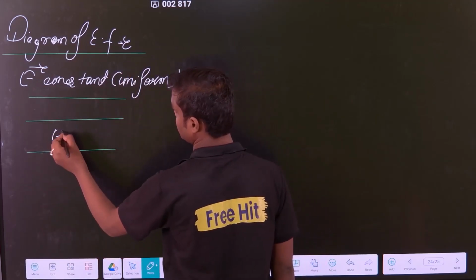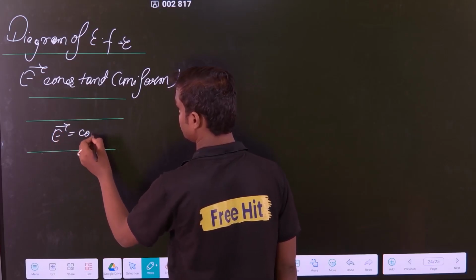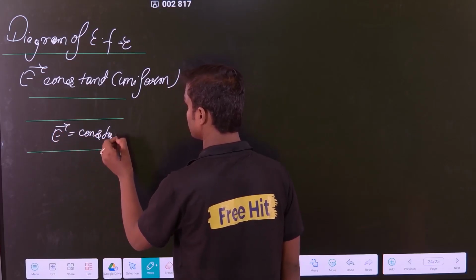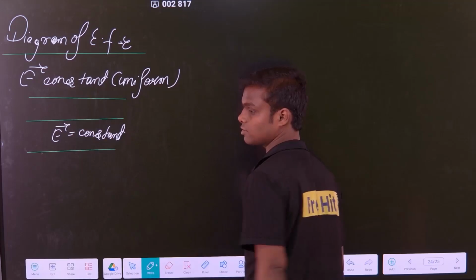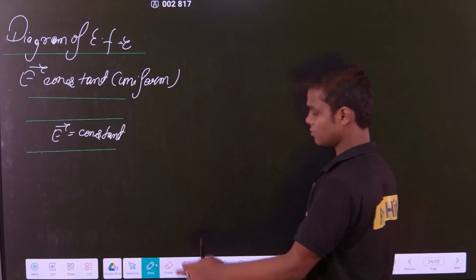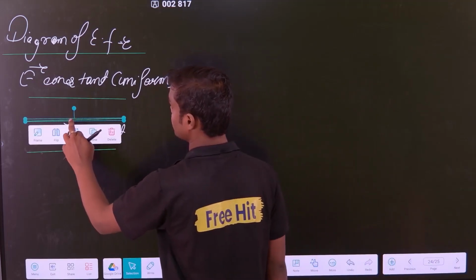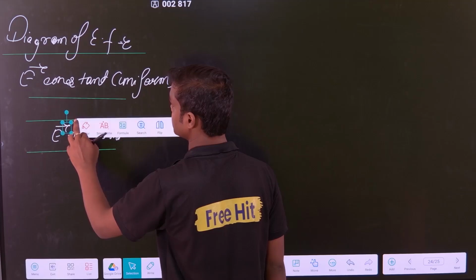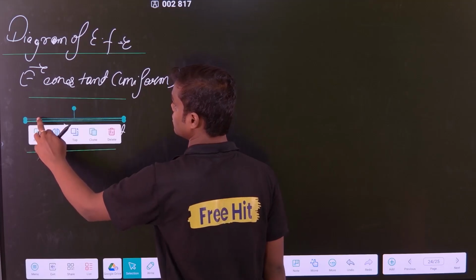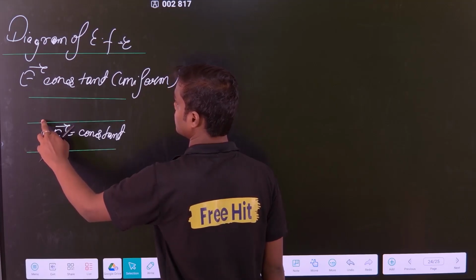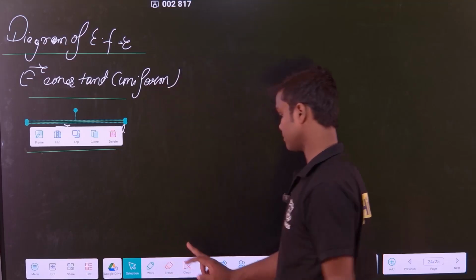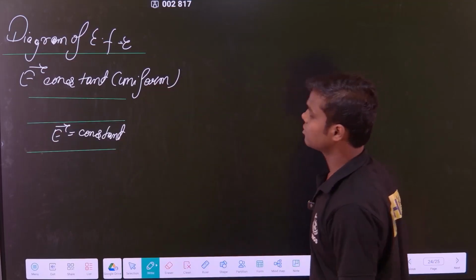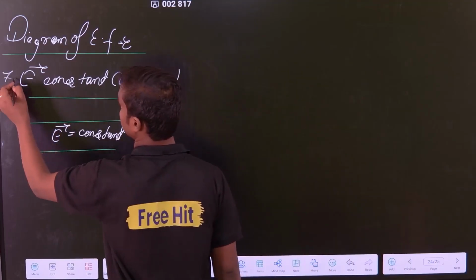That is, E is equal to constant, represented by parallel lines of equidistance. It doesn't look like equidistance, but yeah, this will be equidistance. Clear? You can say it is the seventh property.